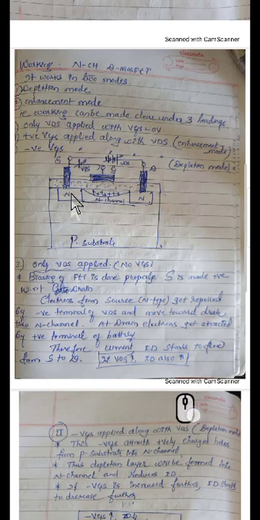What is the next part of the working? Now you are going to apply VGS along with VDS. You are going to apply negative VGS along with plus VDS. What happens when a negative voltage is applied here, meaning the gate becomes negative?